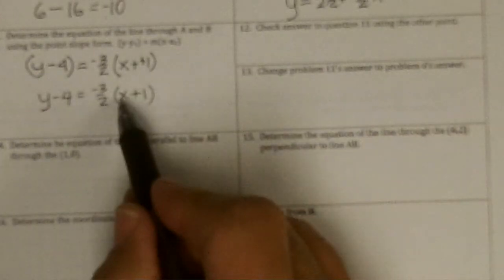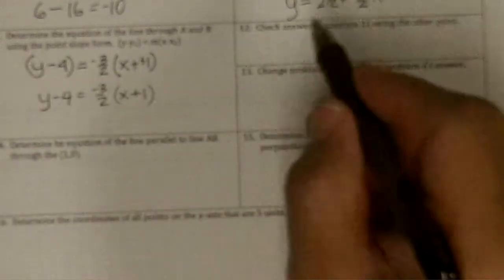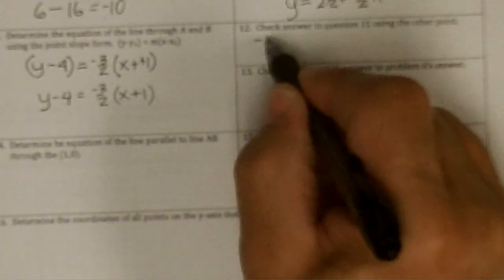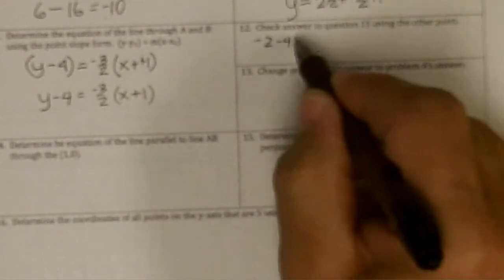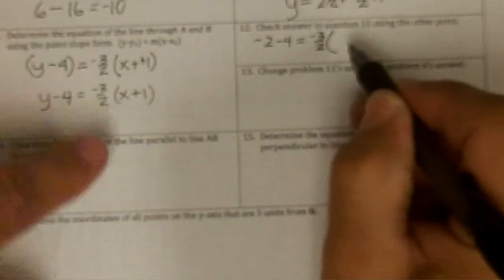So let's put in the 3 for the x and negative 2 for the y. So negative 2 minus 4 equals negative 3 halves times, and the other point, the x is 3, 3 plus 1. 3 plus 1 is 4.